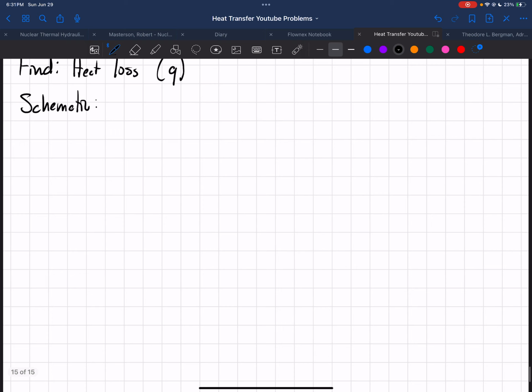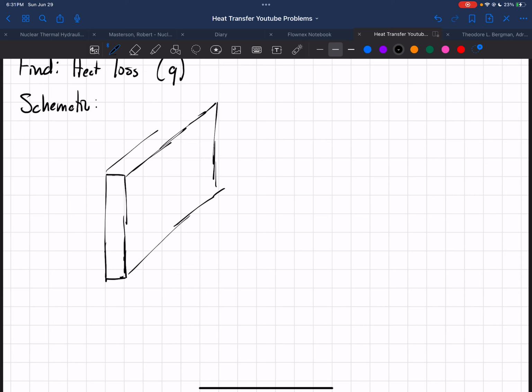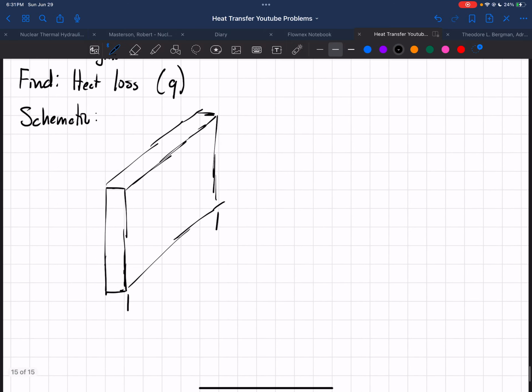And I'll go ahead and try my hand here at 3D. So we're going to have our window, make our little cube here. And we have our 3 meter side, which I believe we called length, and that's L for 3 meters.